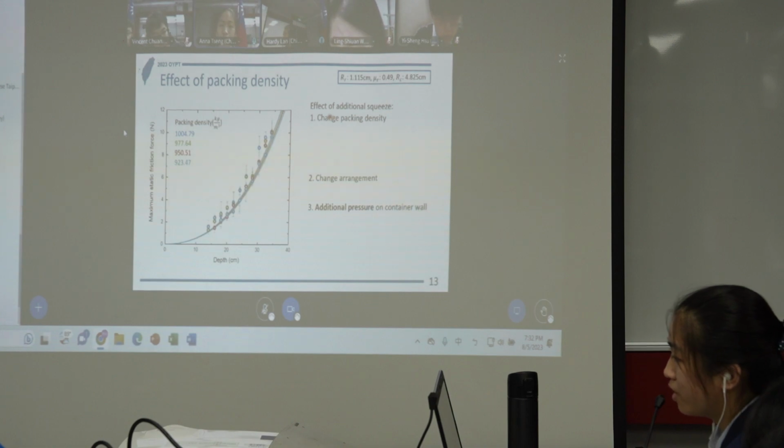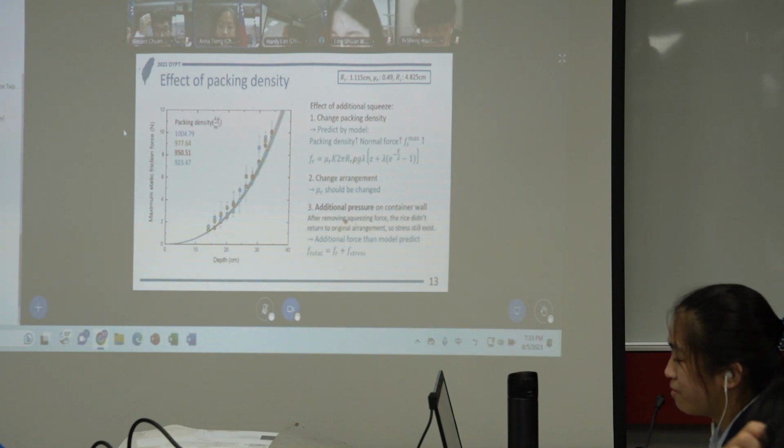So the effect of additional squeeze can be divided into three parts. First, it will change packing density, and it can be predicted by our theoretical model. When packing density increases, normal force increases, so the friction force will increase. Second, it will change the arrangement, which means the coefficient should be changed, and it will cause additional pressure on the container wall.